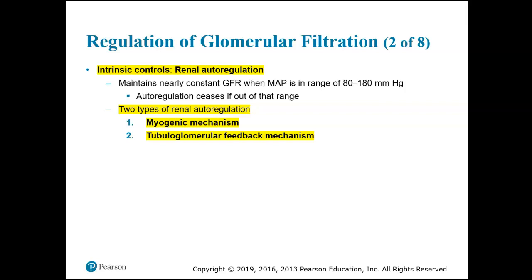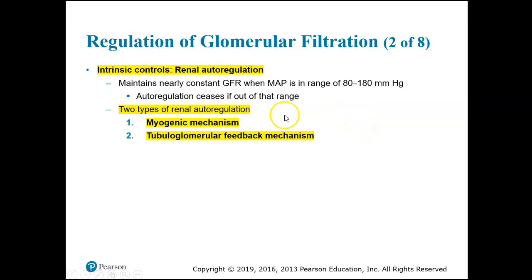If their blood pressure drops, their kidneys stop functioning. It all kind of happens together. If a person has kidney disease, they tend to have cardiovascular disease. If they have cardiovascular disease, it tends to also correlate with kidney disease, because both of these systems are dependent on one another.